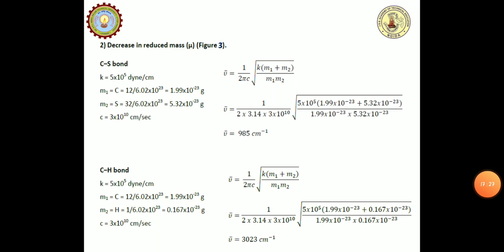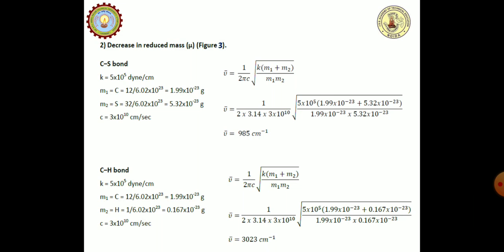Next example, decrease in reduced mass mu. For a decrease in reduced mass, compare the CS bond, carbon and sulfur bond. The K value, the force constant for the single bond, is 5 into 10 to the power of 5 dynes per centimeter. The mass of carbon and mass of sulfur, we know 12 and 32, are atomic masses divided by Avogadro number, and the speed of light.